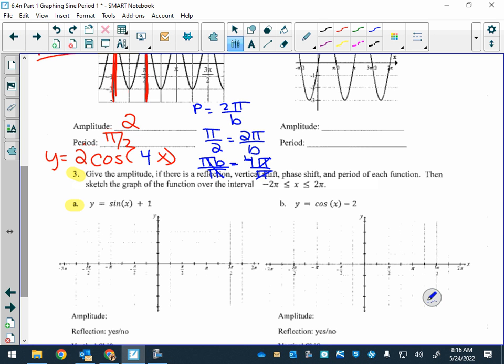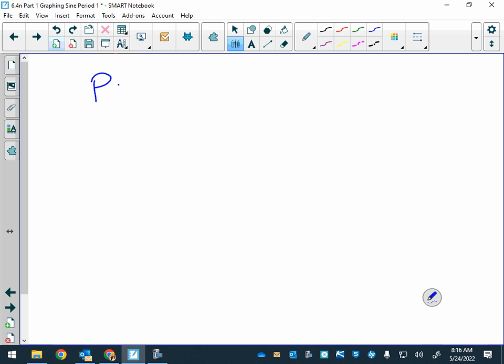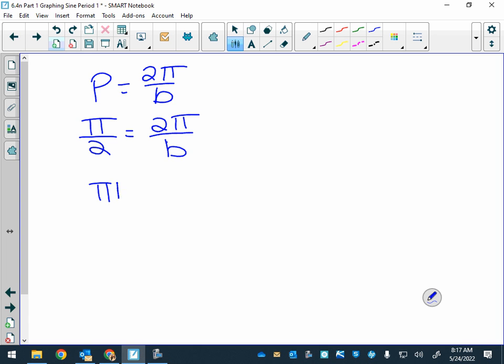Okay, so looking at it again, this is the formula. Some of you are looking at me like I had 10 heads. So pi over 2 is your period, equals 2 pi over b. In order to solve for b, we need to cross multiply. So pi times b equals 4 pi.